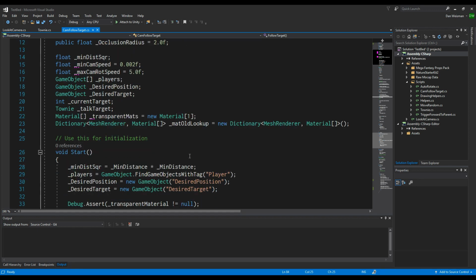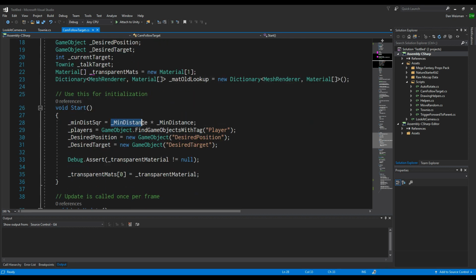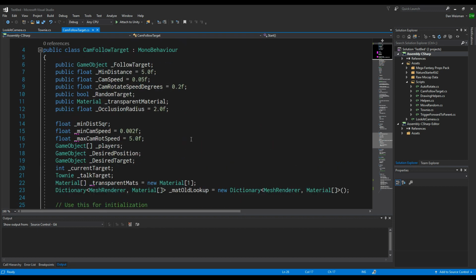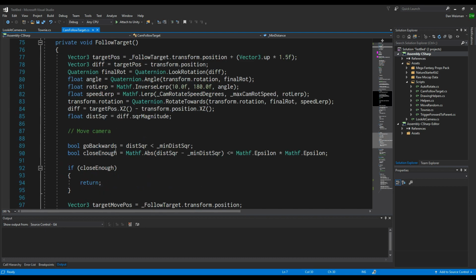Minimum distance squared is our minimum distance, but squared. Just to do it more efficiently, we store it in a variable rather than calculate the square every time. I can't help it. I'm probably optimizing more than necessary, but that's just the way I'm used to doing it. The min distance is what was passed in. So we're going backwards if our distance is less than the minimum distance. We need to back up, basically.